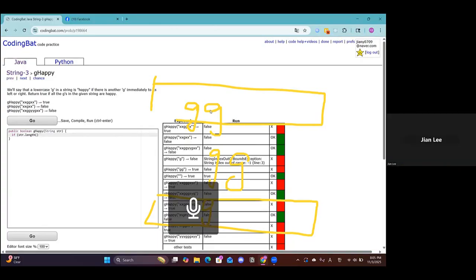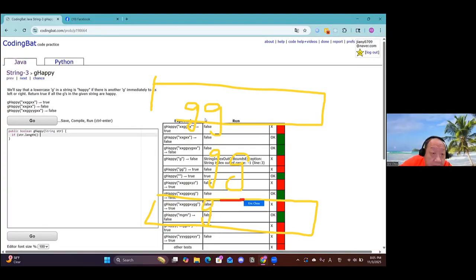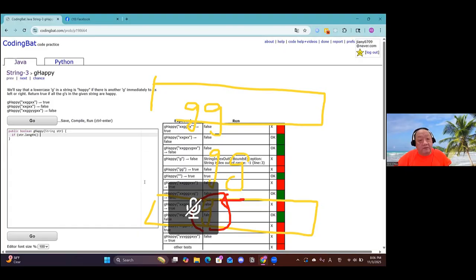Both G's. No, you need to look at the G that is unhappy. Because if you can find an unhappy G, you return false. Otherwise, you return true. This problem is looking for a happy G, but in fact, if you found any unhappy G, you return false. Are you okay? Yeah. It's looking for the unhappy G.